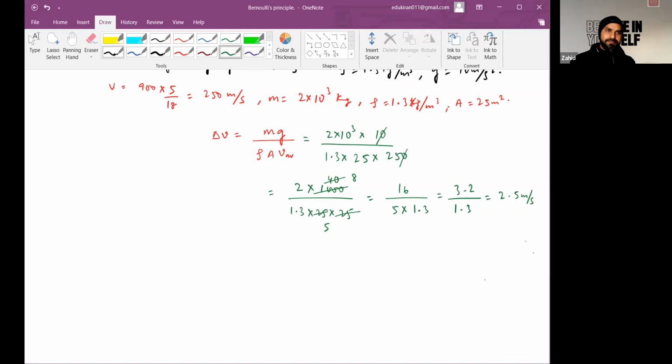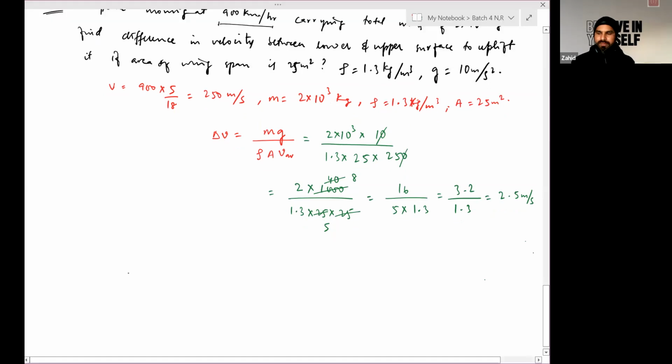Next is application of Bernoulli's principle, Torricelli's law.